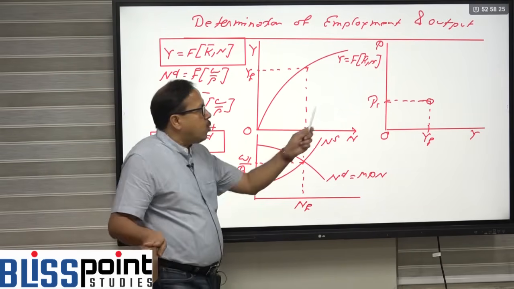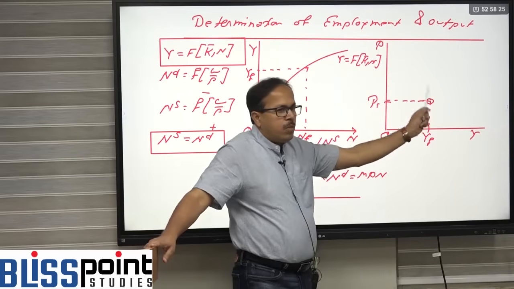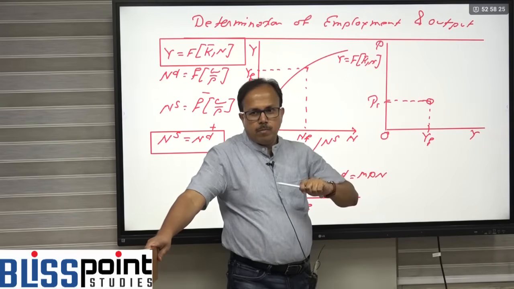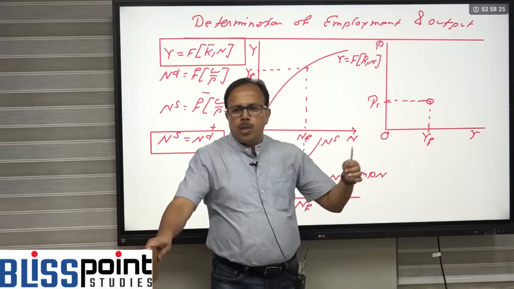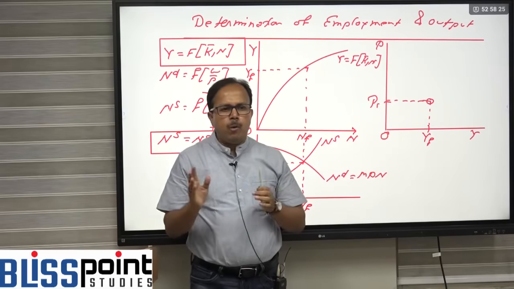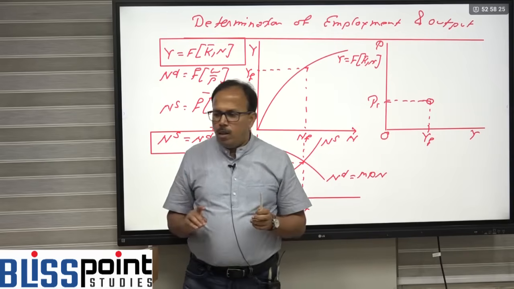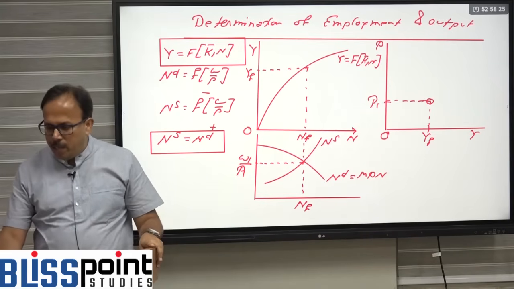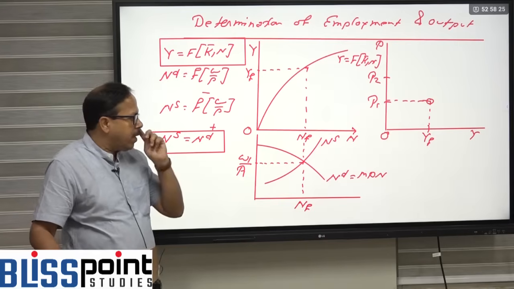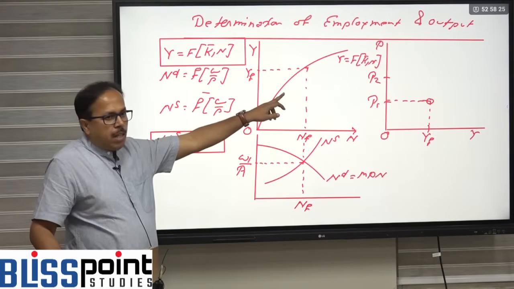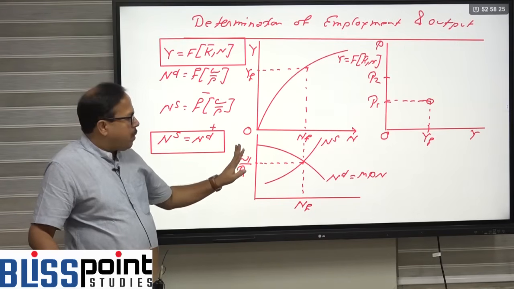So out of these two variables, one is price, the other is output. Which one is real and which one is nominal? Y is real. Price is nominal, so a change in price, which is a nominal change, should have no effect on the real. So suppose I consider a higher price P2; look carefully at the diagram, just wait here. If I consider a higher price P2, then what will be the impact on this diagram?